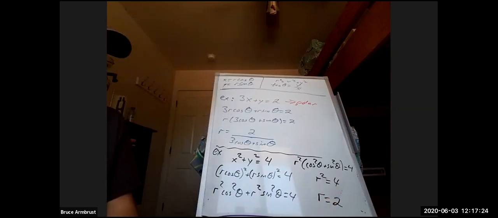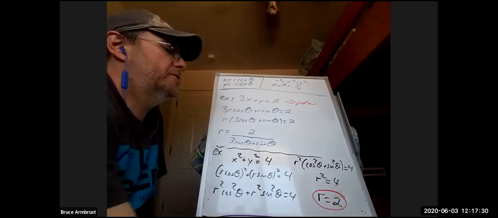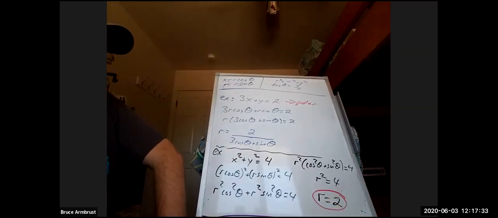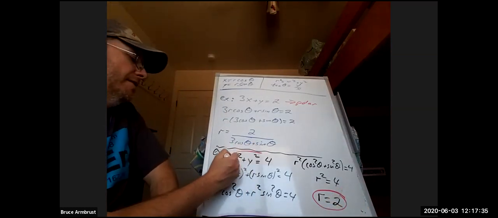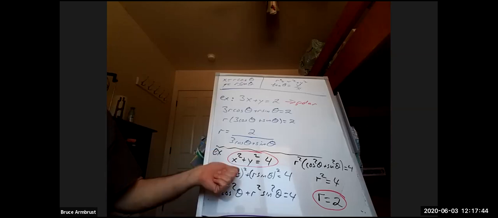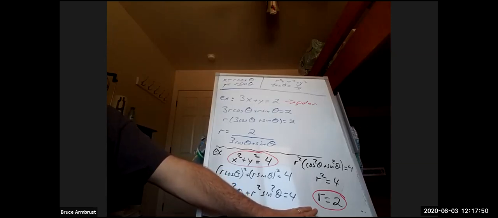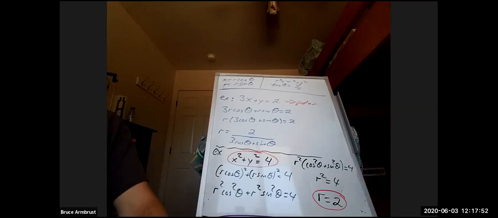And so we get r equals 2. So check that out. This, r equals 2, is the polar equivalent to x squared plus y squared equals 4. So this circle specifically has a really nice form when it comes to polar. It's just plain old r equals 2.